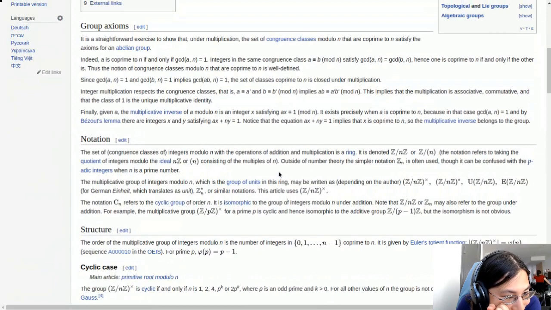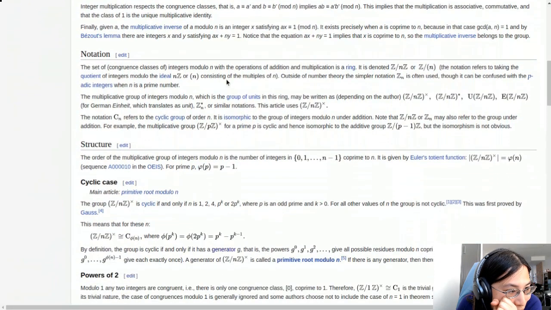Okay. So you have a ring, quotient of integers, modulo is the ideal. How do I deal with this?